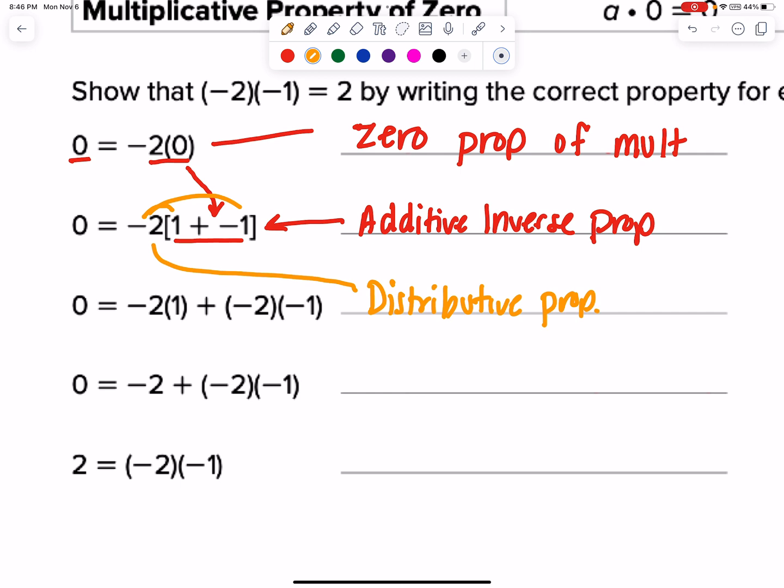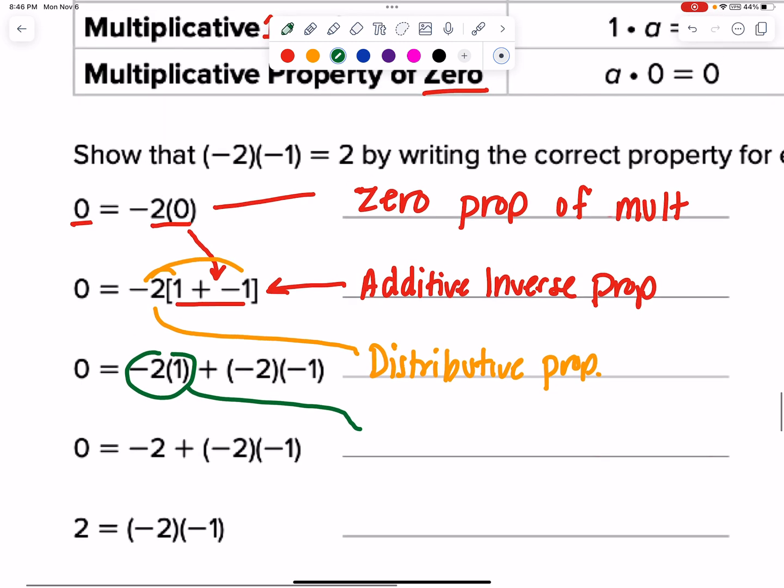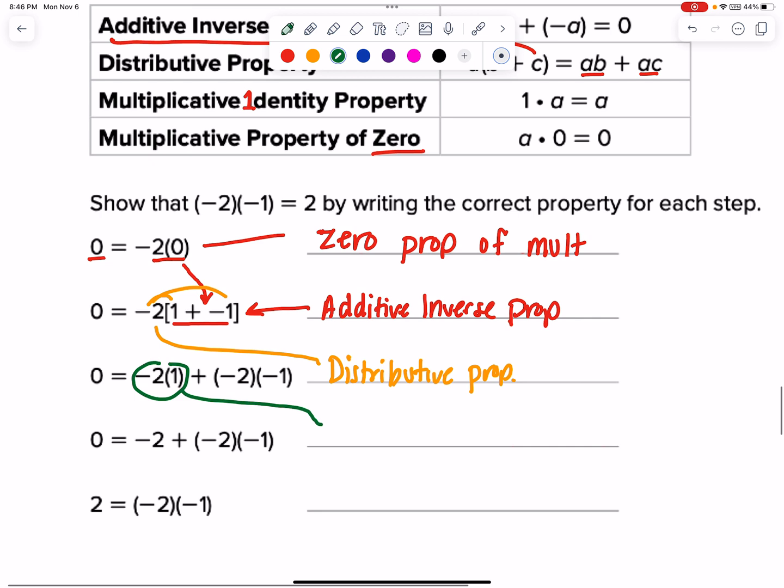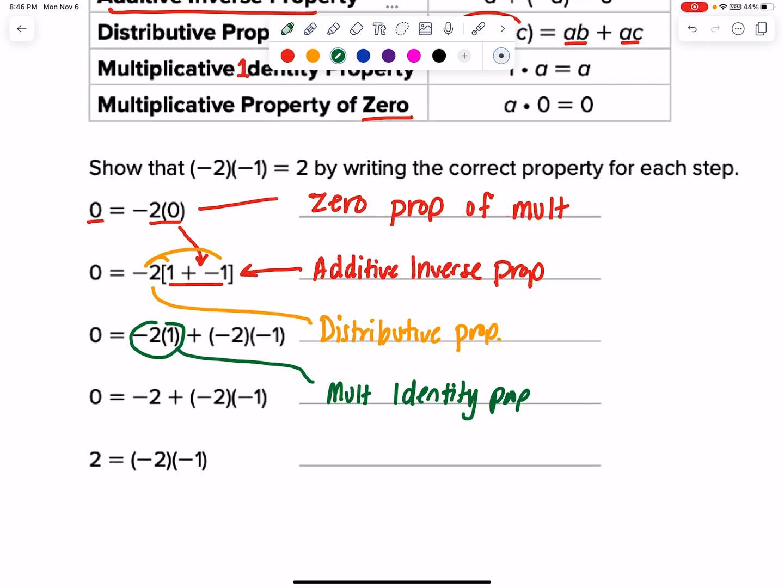Then you have this 2, when you distribute, you had a negative 2 times 1. Let's change colors. This right here, you being able to solve that is the property of multiplying by 1 equals the same thing. So we can say multiplication identity property, and so we have that.